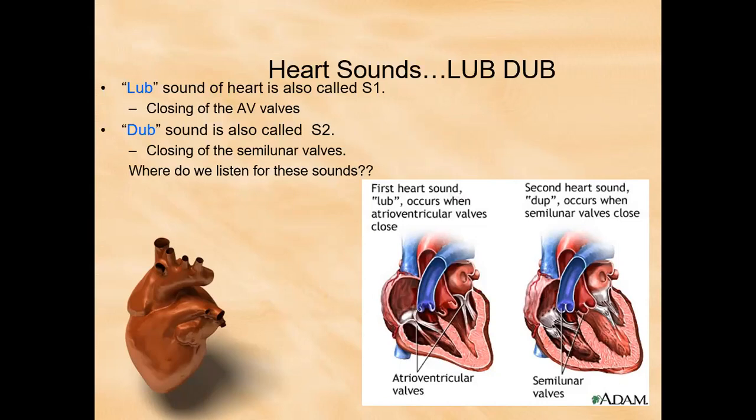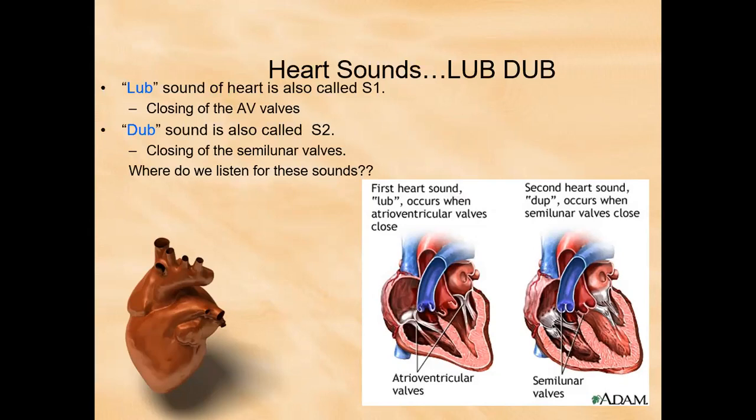These are my heart valves, and every time they close, it makes a sound. That's the lub-dub. When our valves close, because we've got two sets of valves, lub-dub, lub-dub. And that's what you're hearing.